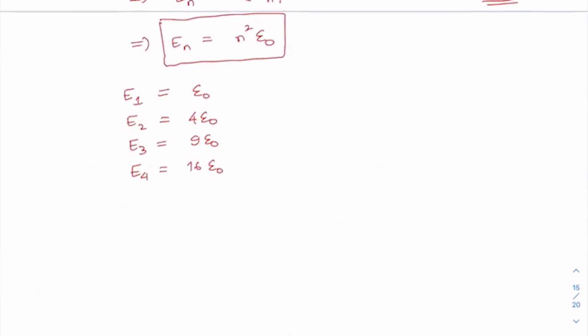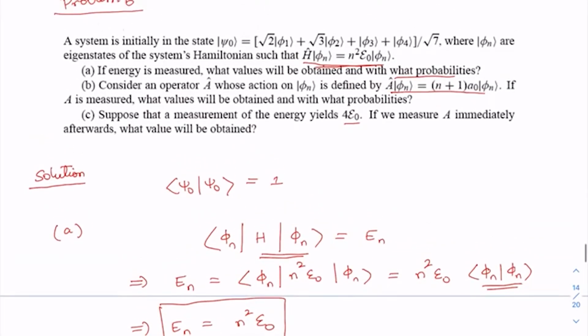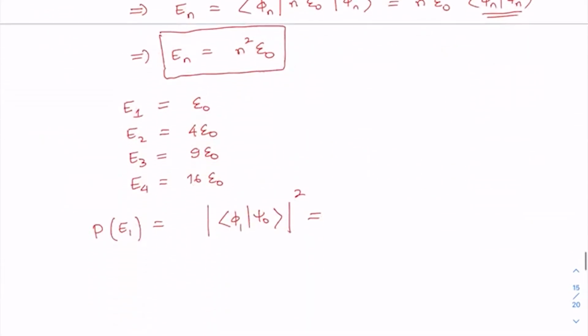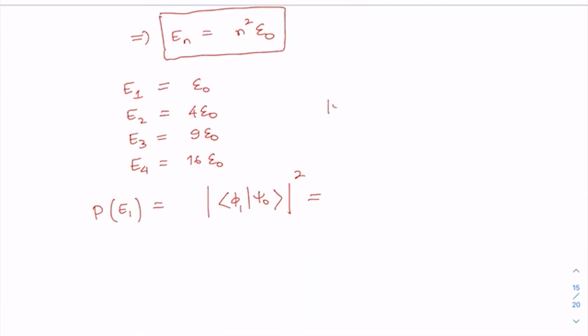Well, the probability of getting the energy E1 would be: you are in the state psi 0, then you are going to the state phi 1, because phi 1 corresponds to the energy E1, so its probability would be the mod square. Let me write psi 0 here again.